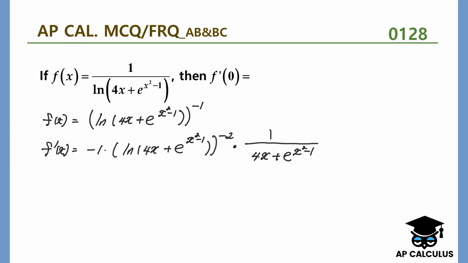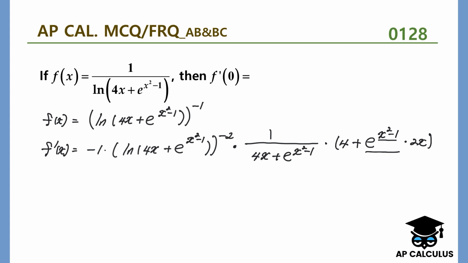Now we have 4x plus e to the x squared minus 1, right? So we have to multiply by the derivative of this expression. That's chain rule, right? So times the derivative of 4x, that's a 4, and the derivative of the exponential e to the x squared minus 1, we have to rewrite and multiply by this expression, 2x, right?